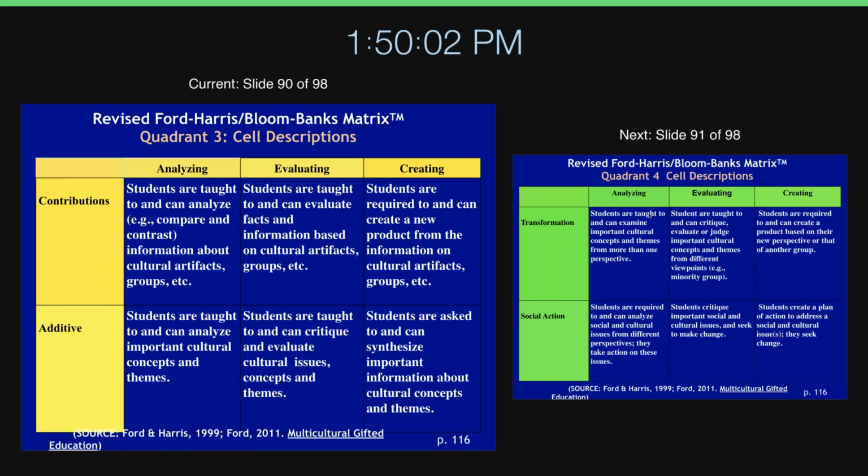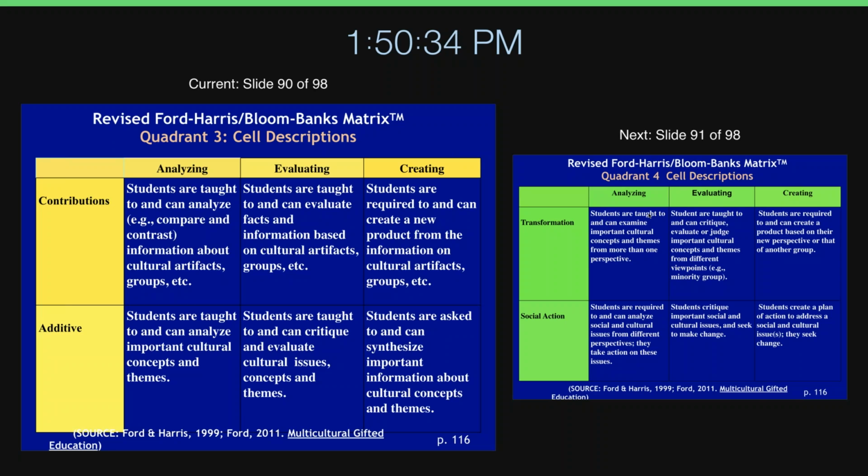Quadrant 3 is where I feel like I'm at a gifted education conference. There's critical thinking, so to speak, analysis, or now analyzing, evaluating, and creating, the highest levels of Bloom's taxonomy, but in a colorblind way. And sometimes, perhaps many times, in a culturally assaultive way, because we're at contributions, food, fun, fashion, folklore.